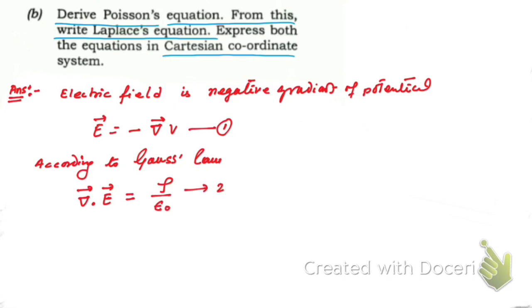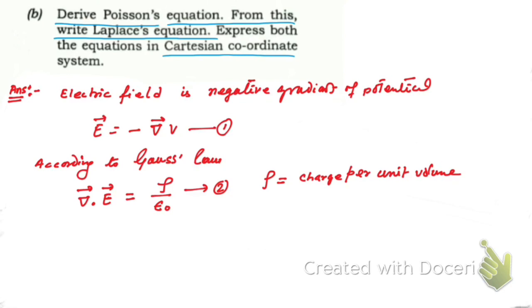Let me take this as equation number 2, and this rho represents charge per unit volume. Charge per unit volume, right?